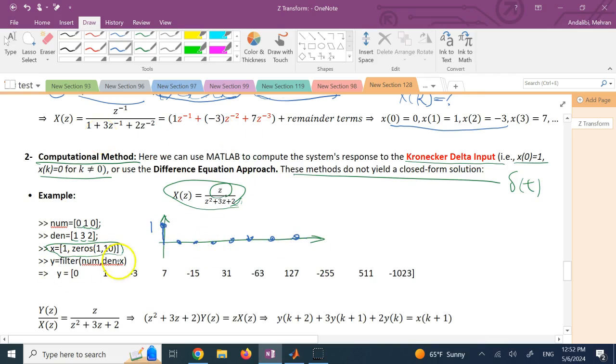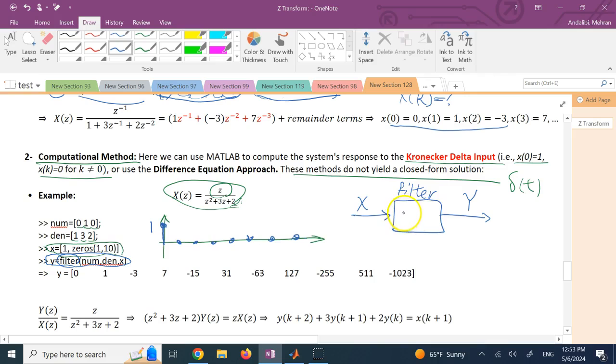Then here I define my y as the filter of num, den, x. What is the filter? Filter means pass this x as the input to a system and get y. And what is this filter's basically transfer function?